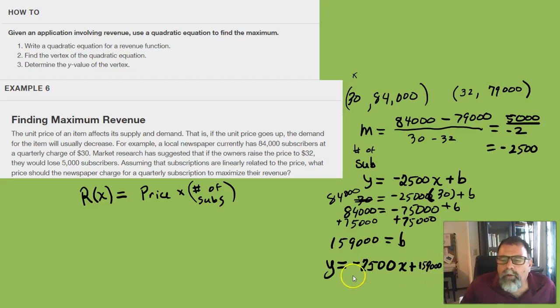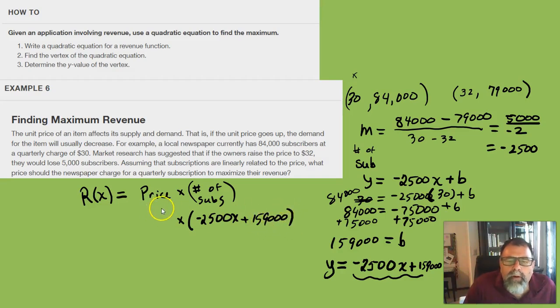So we're going to substitute this in for the number of subs. And then the price is going to be, what is the price going to be? Just x, right? So x was the price. So we created that function.